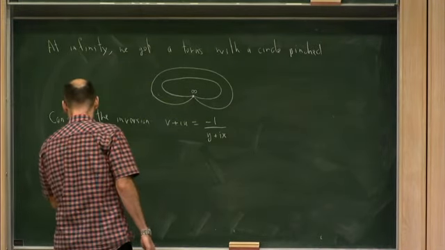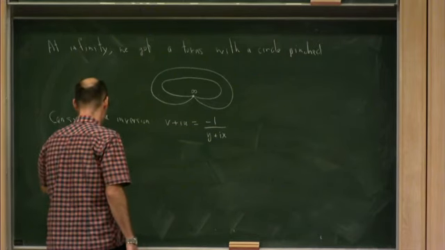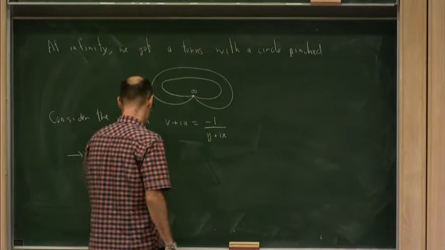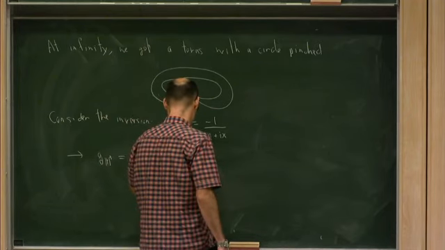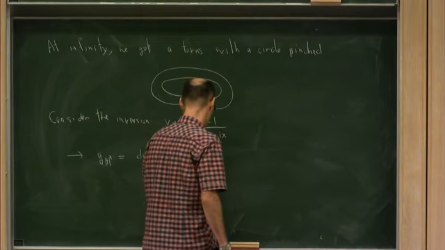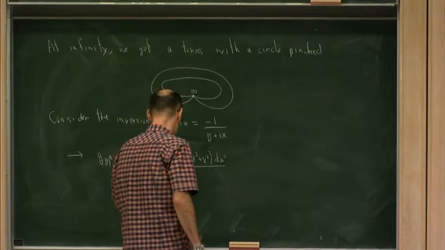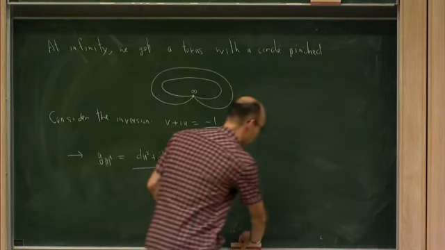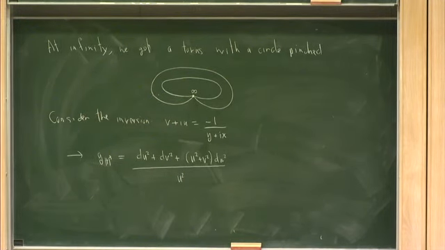Then, in these new coordinates, the hyperbolic metric takes the following form.